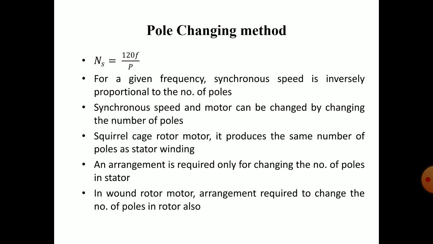An arrangement is required only for changing the number of poles in the stator. But in case of wound rotor motor, the number of poles in the stator and rotor will be different. Therefore, an arrangement is required to change the number of poles in the rotor also.